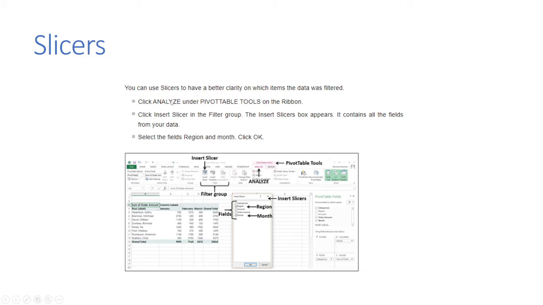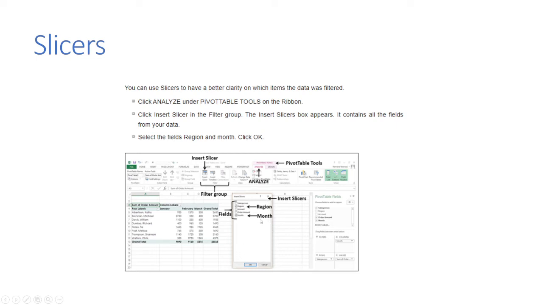So click Analyze. So that's the Analyze under the pivot table tools on the ribbon. So we have here two tools provided. So pivot table tools, we have Analyze and Design. So we click on Analyze. Then click Insert Slicer in the filter group. And the Insert Slicer box appears.